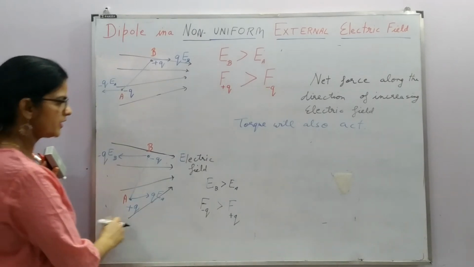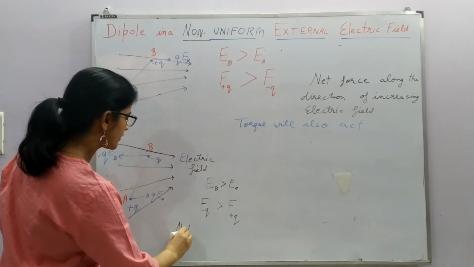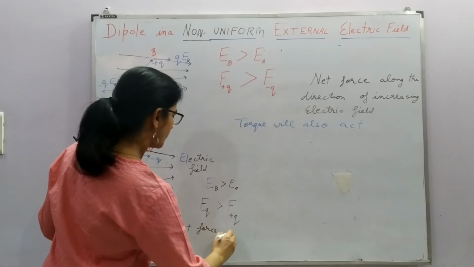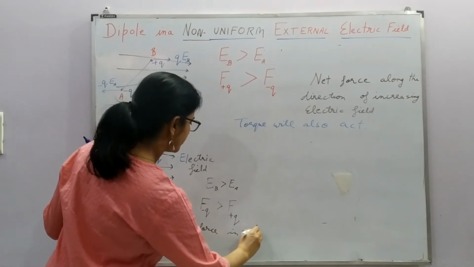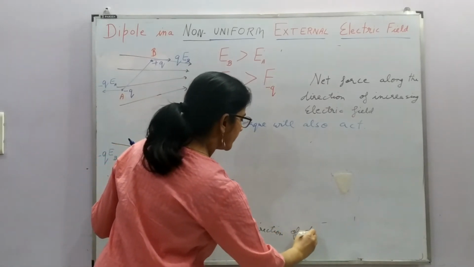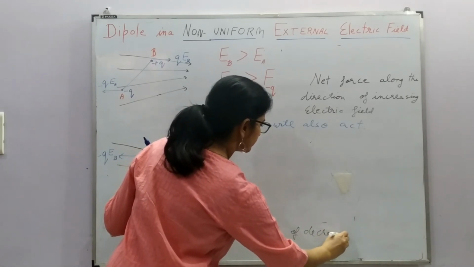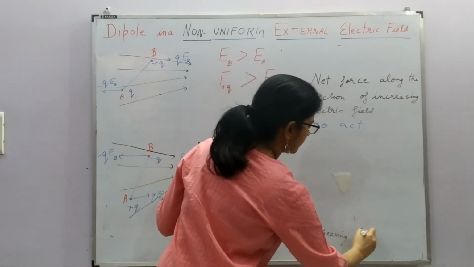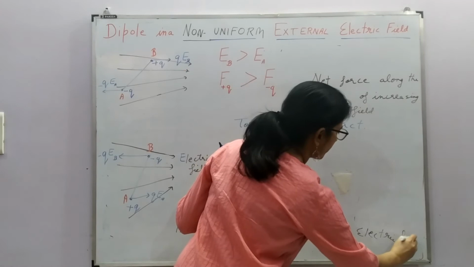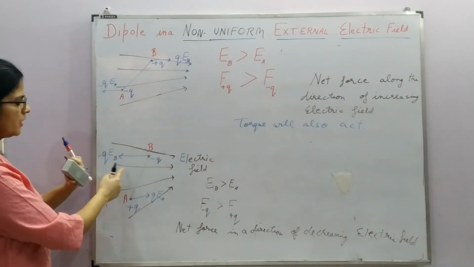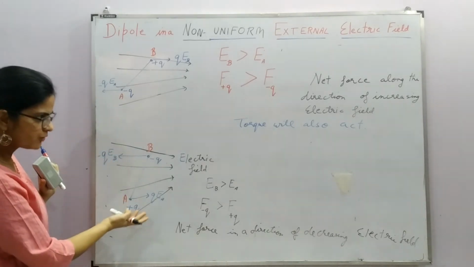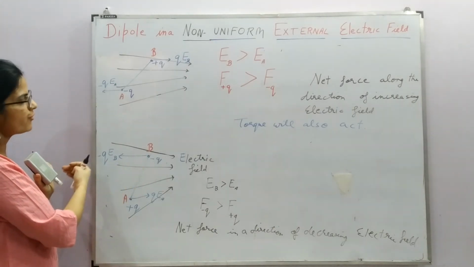As clear from the figure, there will be the net force on this dipole in a direction of decreasing electric field. So there will be net force because this one is greater. So left side force is greater. So left minus right will give you a net force along the direction of decreasing field.